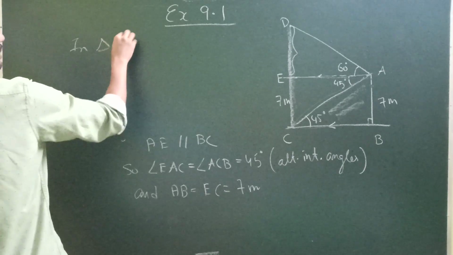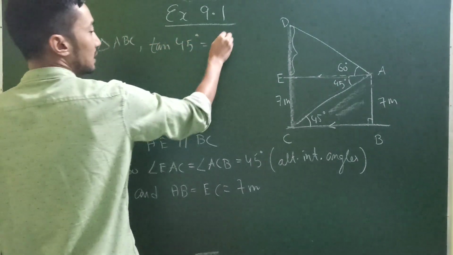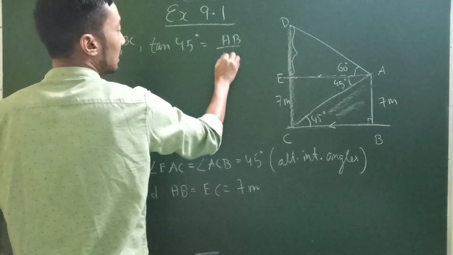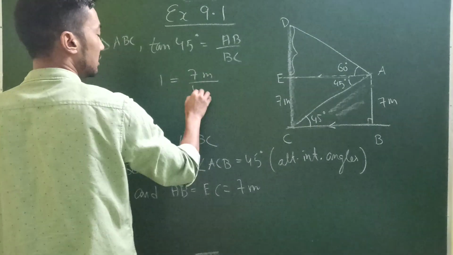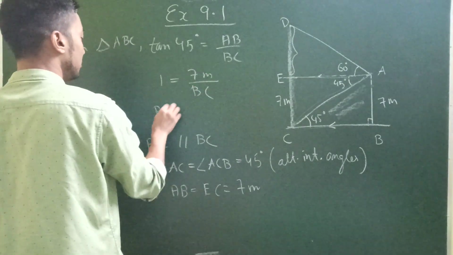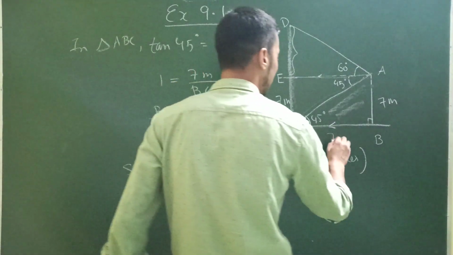In triangle ABC, tan of 45 degrees is AB by BC. Tan 45 is 1, AB is 7 meters, so cross multiplying, BC is equal to 7 meters.